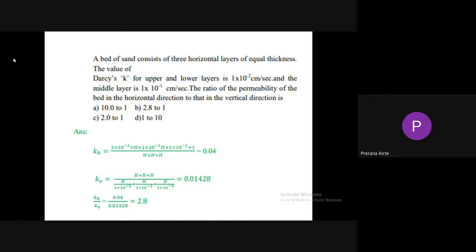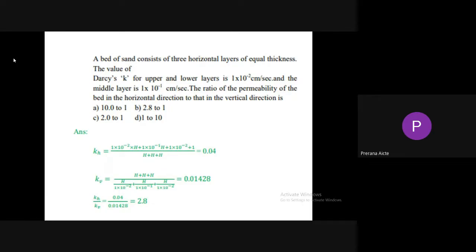The ratio of the permeability of the bed in horizontal direction to that in vertical direction is given by: KH equals 0.04, KV equals 0.014, so KH by KV equals 2.8.